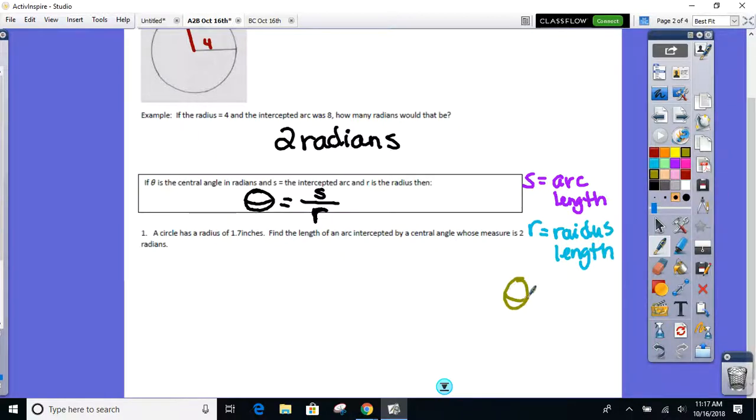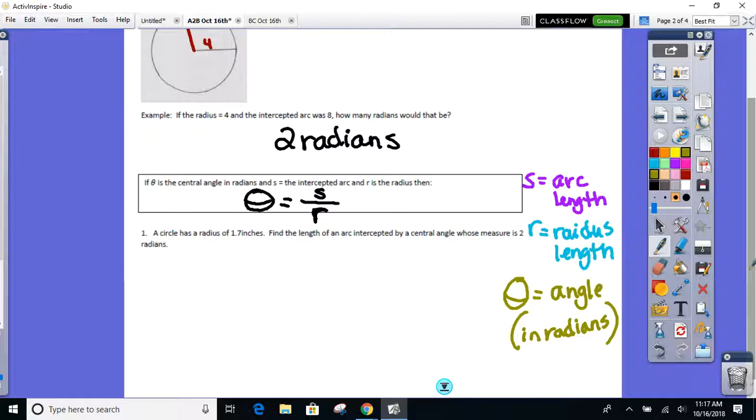Theta, let that roll off the tongue a couple times. Theta is the angle. Here's the huge part I'm going to go nuts about: angle in radians. It's got to be in radians before you plug it in.